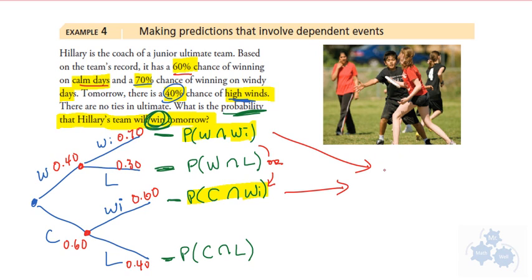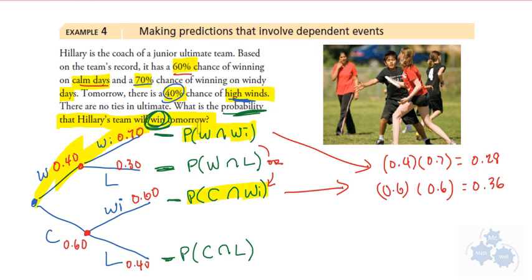What are they? 0.4 times 0.7. What does that give us? 0.28. And over here, 0.6 times 0.6, and that's 0.36. Do you see where I'm getting that from? 0.4 times 0.7 gives us 0.28, and 0.6 times 0.6 gives us 0.36.